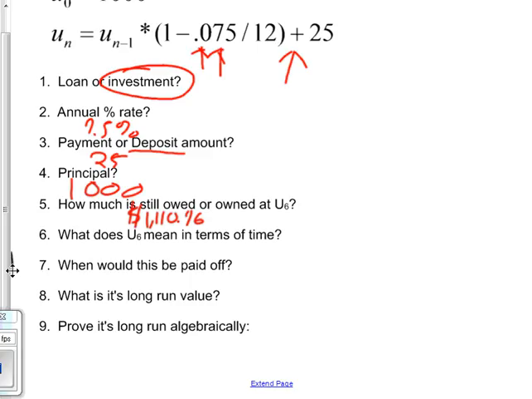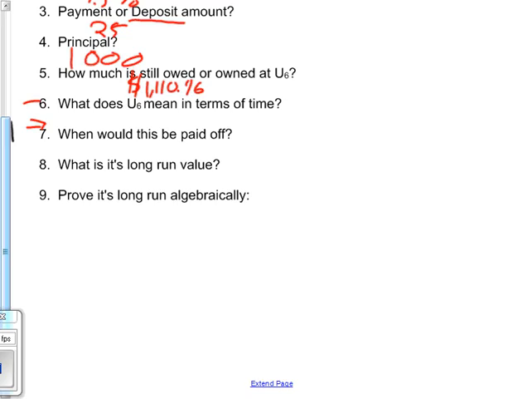Okay. We did these guys, so I'll jump past them here. Or no, we do want this one. When would this loan be paid off? Did anybody get when this would be paid off? Or investment? This one here wouldn't be part of it because it's the investment. And then did anybody get a long run value for this one? What do we get for a long run value?